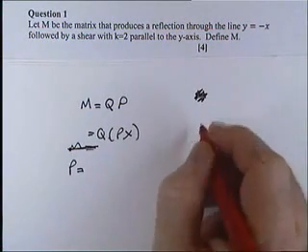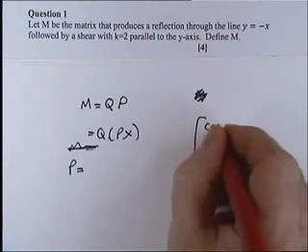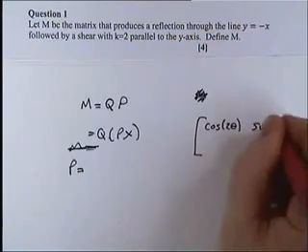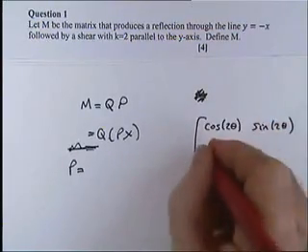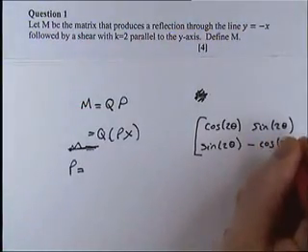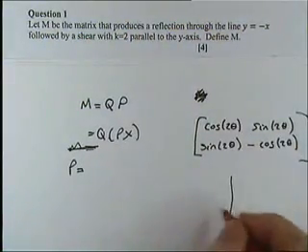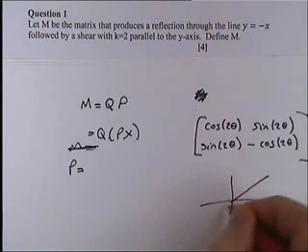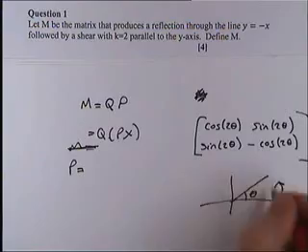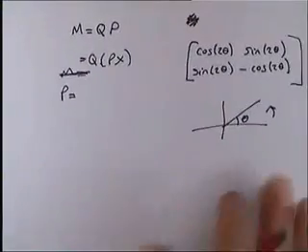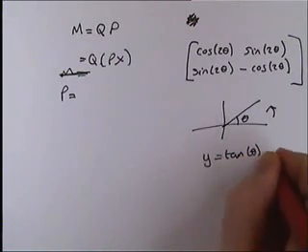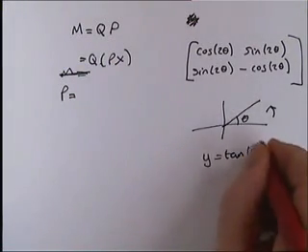Okay, so hopefully you got cos 2 theta, sine 2 theta, sine 2 theta, and minus cos 2 theta, where theta is the angle that the line makes with the x-axis in the anti-clockwise direction, and that is often given as y equals tan theta of x.